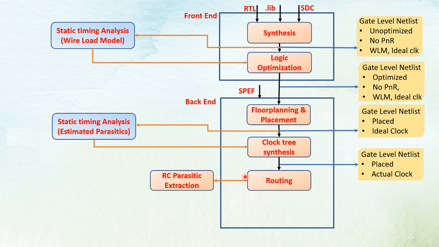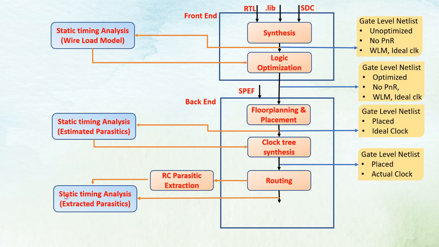These metal layers used for routing carry the signal information from one part of a circuit to another. After successful routing, it goes to RC parasitic extraction, and after that to static timing analysis, where you are doing the static timing analysis using the extracted model done after the routing.